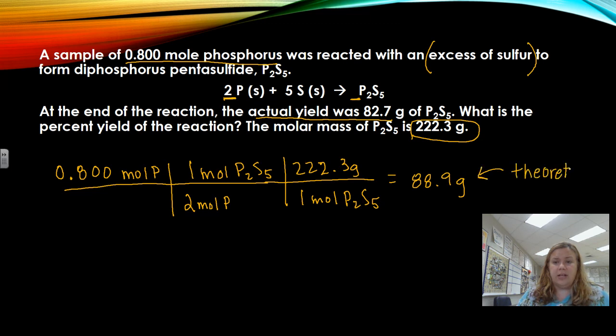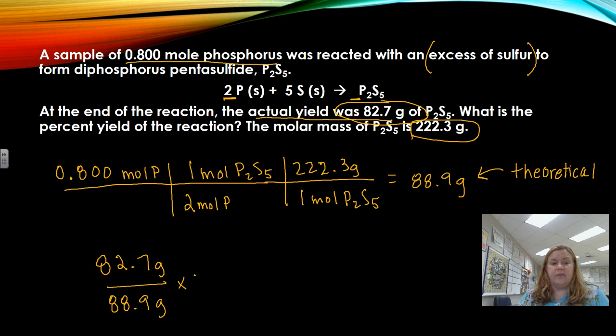Theoretical yield is calculated using stoichiometry. We have our actual yield from the problem above. So we take our actual yield, 82.7 grams, divided by our theoretical yield, 88.9 grams. 82.7 is what we've gotten, 88.9 grams is what we should have gotten.